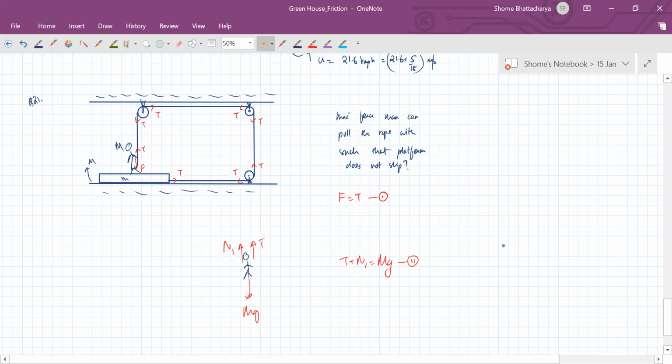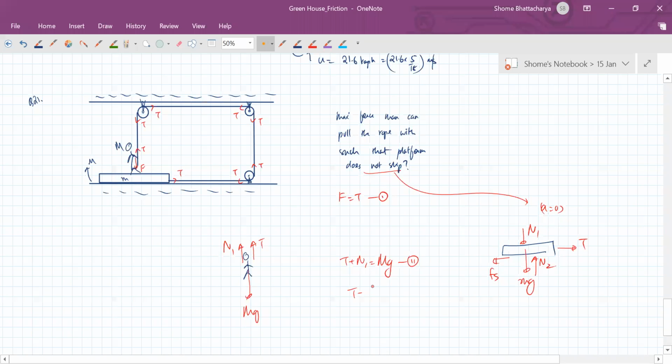Okay. Now for the platform, the forces acting are this normal reaction that the person is applying on it, the platform's own weight, small mg, the normal reaction the ground is applying, and now this is getting pulled from this side with tension. So static friction is preventing it from slipping, assuming no slipping. So it does not slip, so acceleration is zero. Okay.